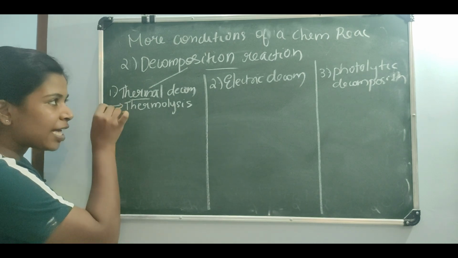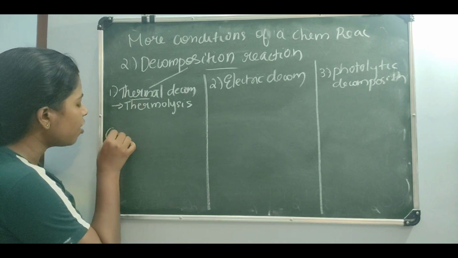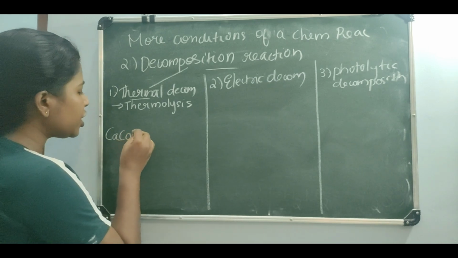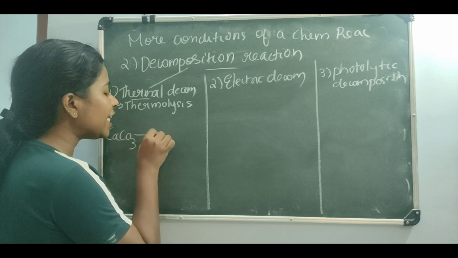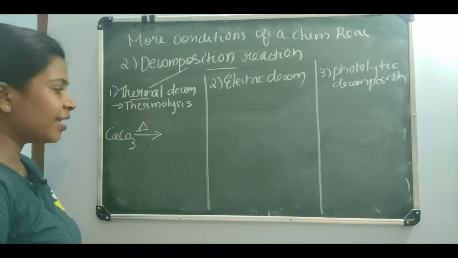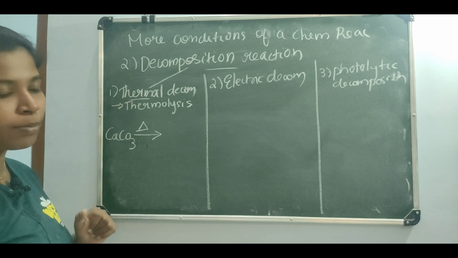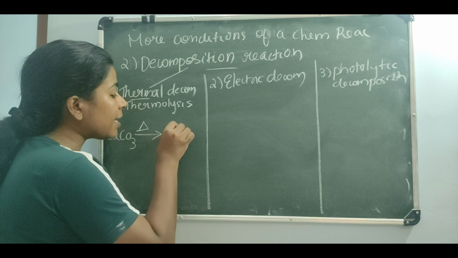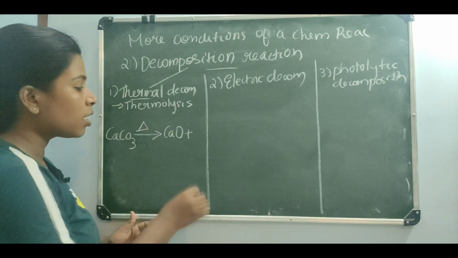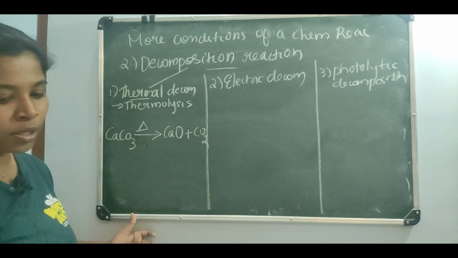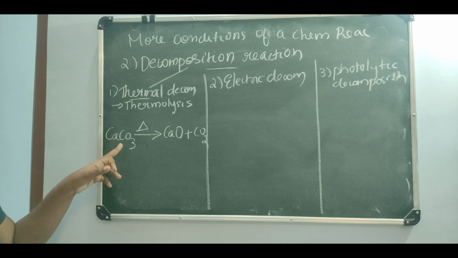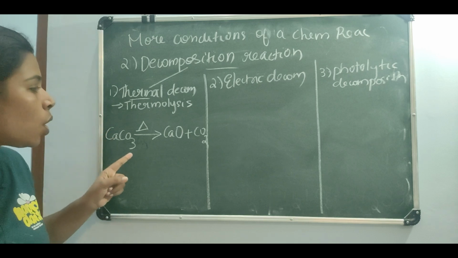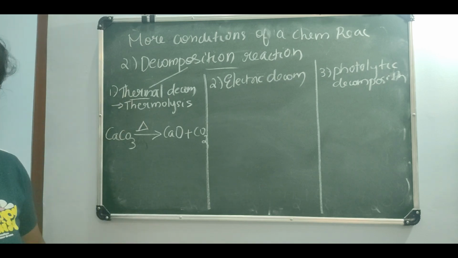For example, when calcium carbonate is heated, it gets decomposed into calcium oxide and carbon dioxide. Here the decomposition is happening in the presence of heat, so this is known as thermal decomposition.